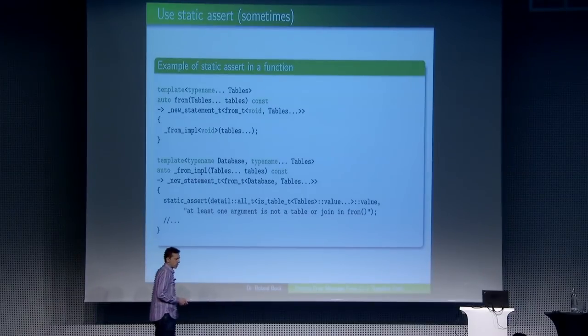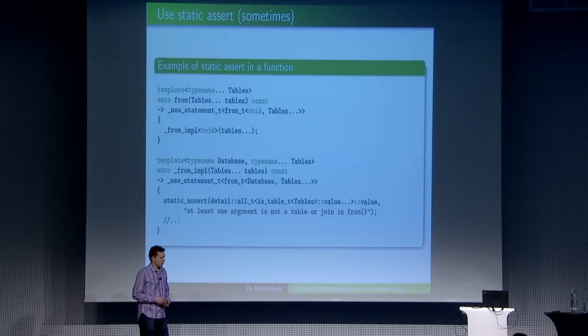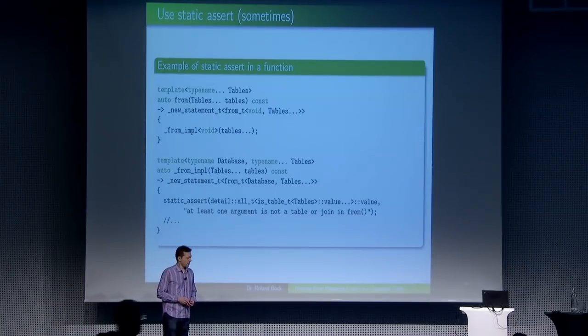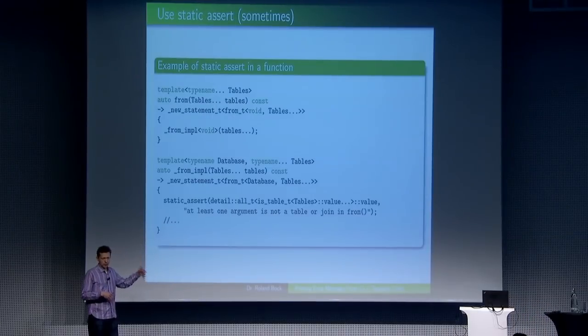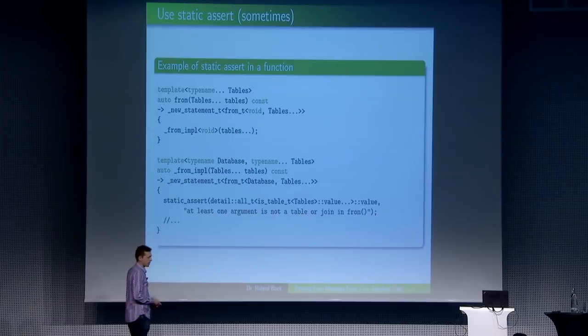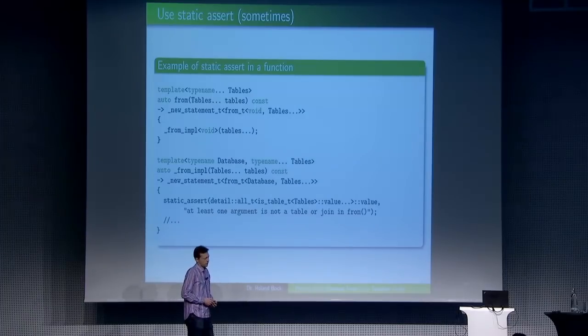Now I'm also using static_asserts in functions, and functions are much more complicated. So what I'm doing here is the from method. What we've seen earlier is this select something from something. This is the from method. There are actually two almost identical but slightly different versions of the from method.